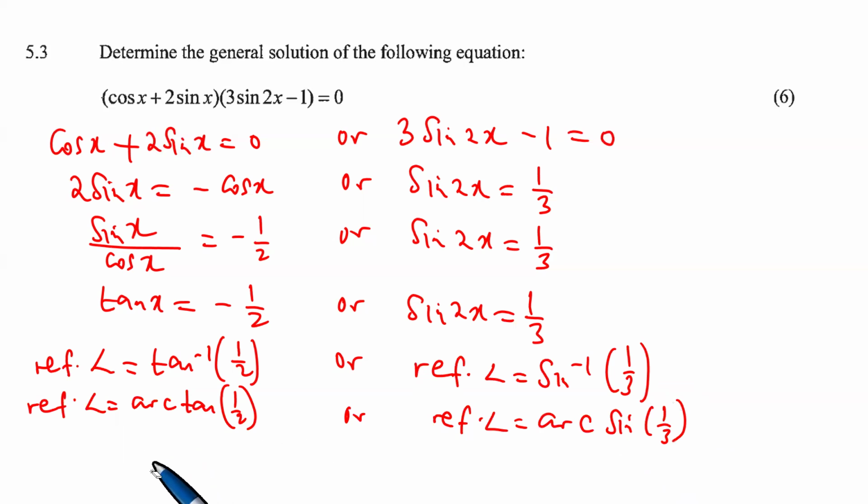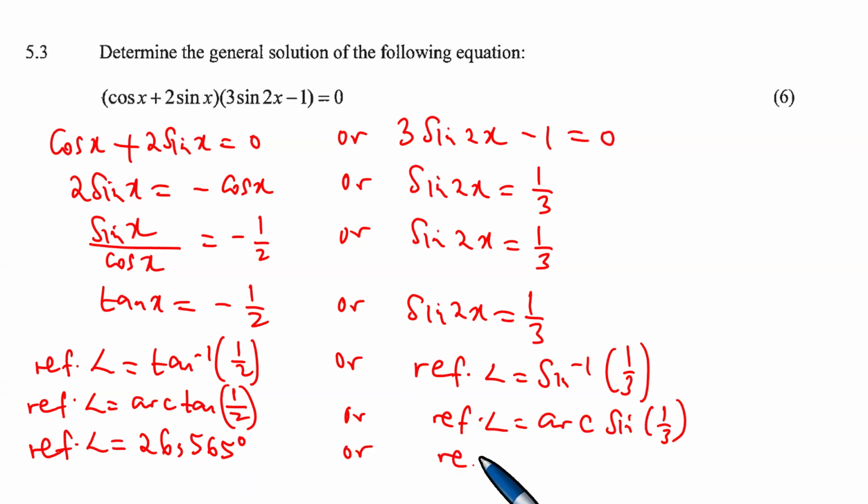To make it very visible, this one is 1/2. Now we use our calculators to get the result. The reference angle, the arctangent of 1/2, is 26.565 degrees.